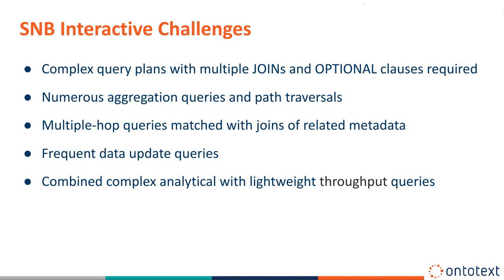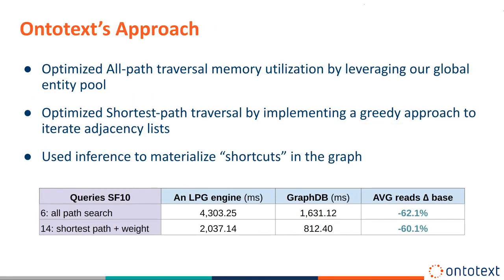And based on those, we introduced our Ontotext approach, where we improved the path traversal algorithms and used inference in order to materialize shortcuts in the graph. In terms of the path traversal algorithms, we optimized the path search traversal algorithm to leverage our global entity pool, meaning that we did not use any literals or resources or any sort of large string or object inside the algorithm, but we used IDs.